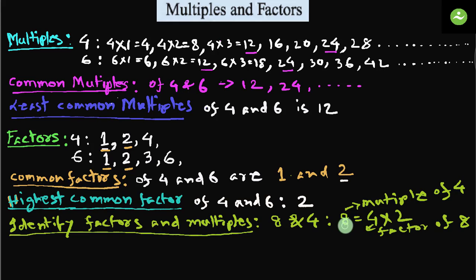Four exists in 8. 4 is smaller than 8 and 4 is a factor of 8. 4 divides 8 evenly. That is why 4 is factor of 8.